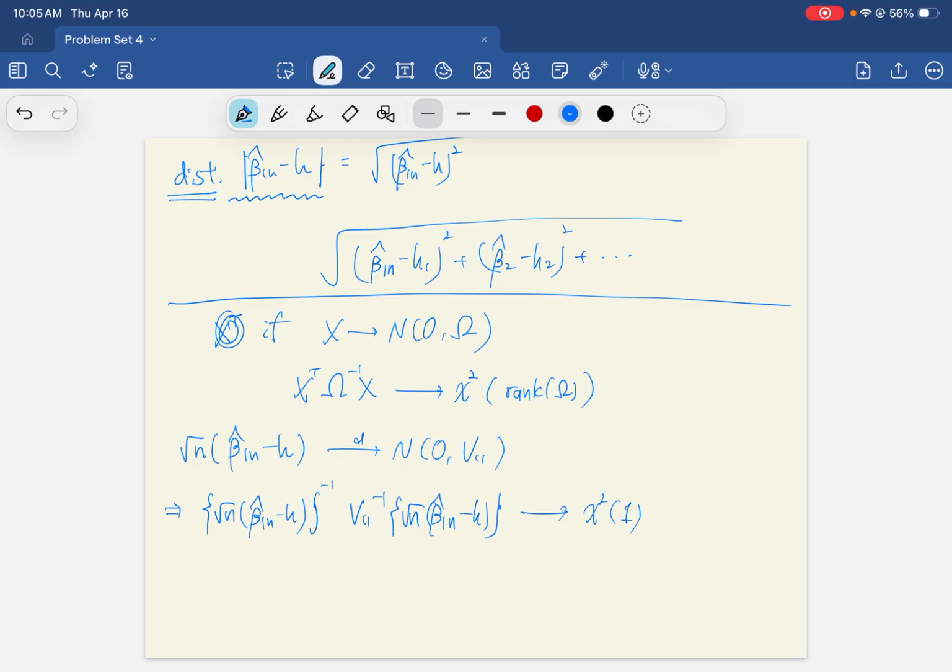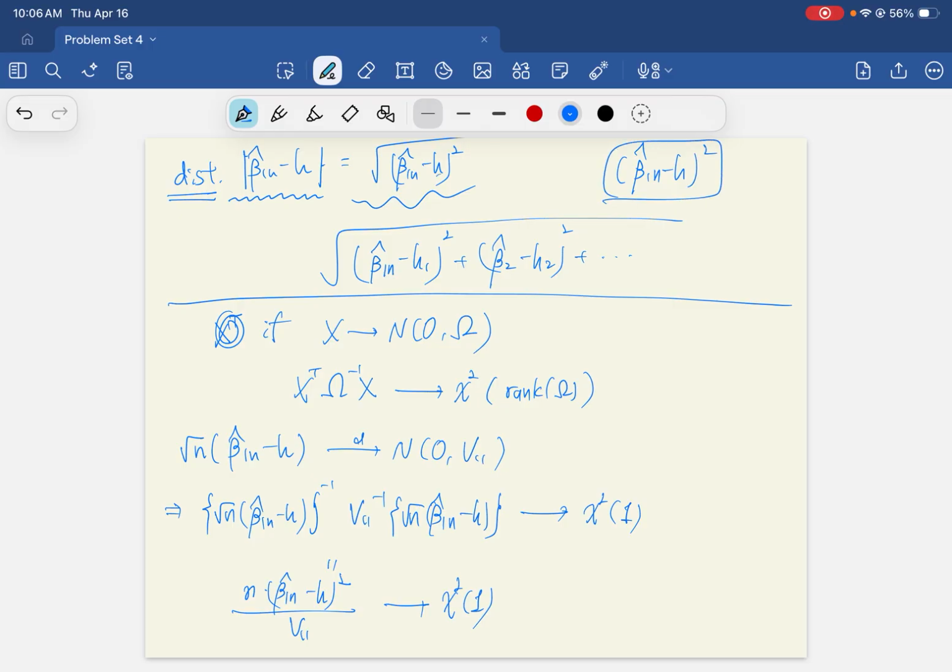It's scalar, so the left-hand side is simply n times beta 1 hat minus h squared divided by V11. That's right, right? This is going to chi-square 1. There is no difference. Instead of using this, I'm going to use its square.